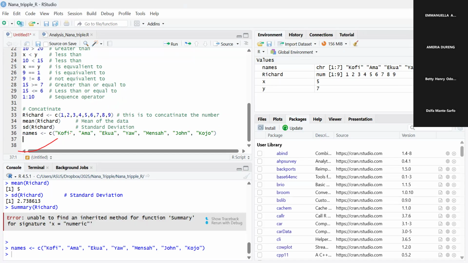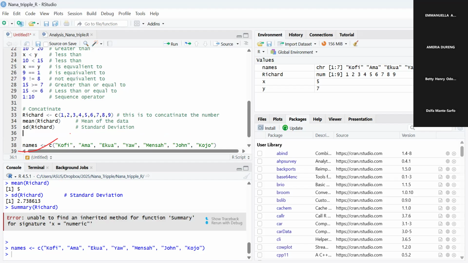Yes, please, Prof. Okay. So let's assume that I want to find the fifth number. Let me even move this one down. Let's assume I want to find the fifth number in the Richard data.